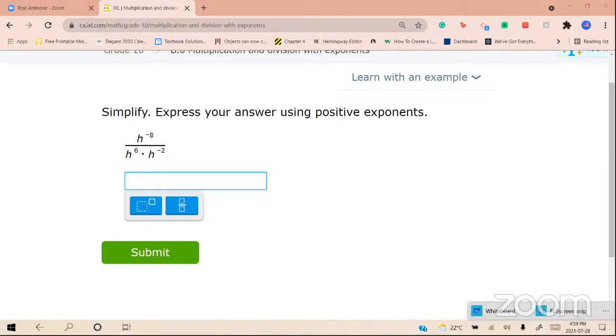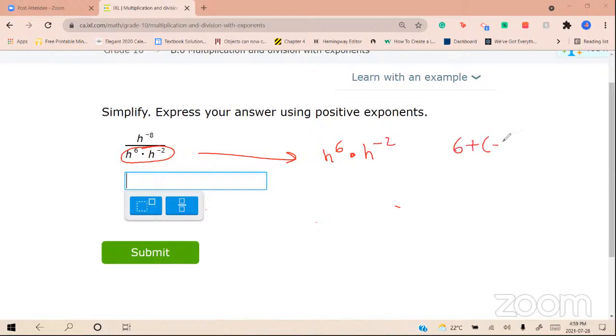So let me kind of walk you guys through this. Okay, so first thing you want to do is do any multiplication. Okay, so let's first do the bottom part. If we did h to the 6 times, so this dot here means multiplication, right? Times h to exponent -2, you can just do 6 plus -2.